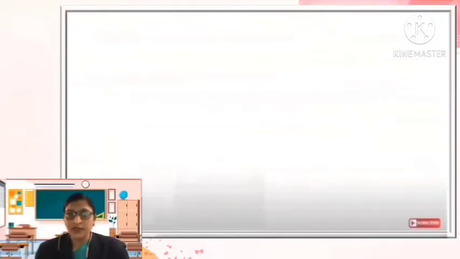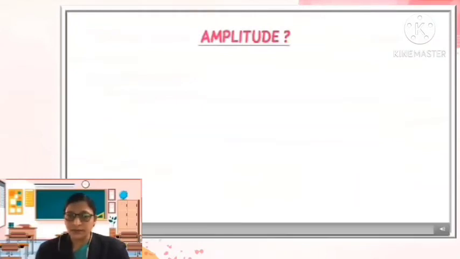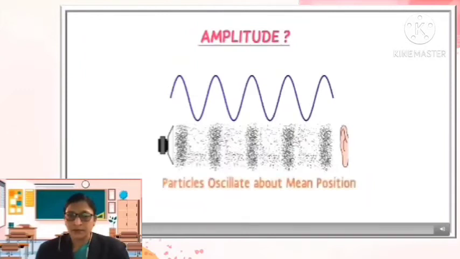Dear friends, let us see the definitions once again. As we know, sound is produced due to the vibration or oscillation of the particles of the medium from their mean position.